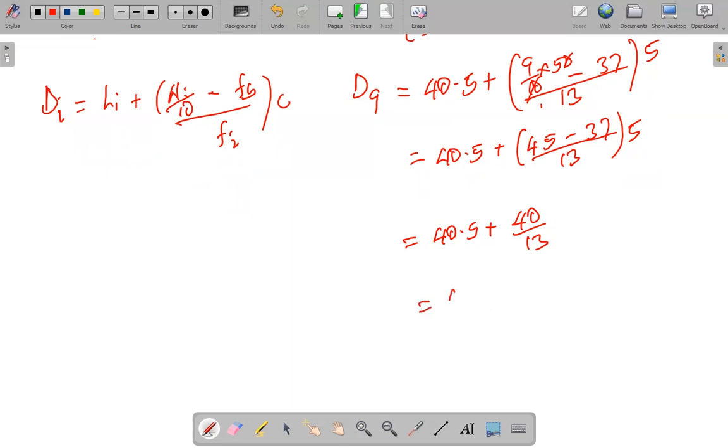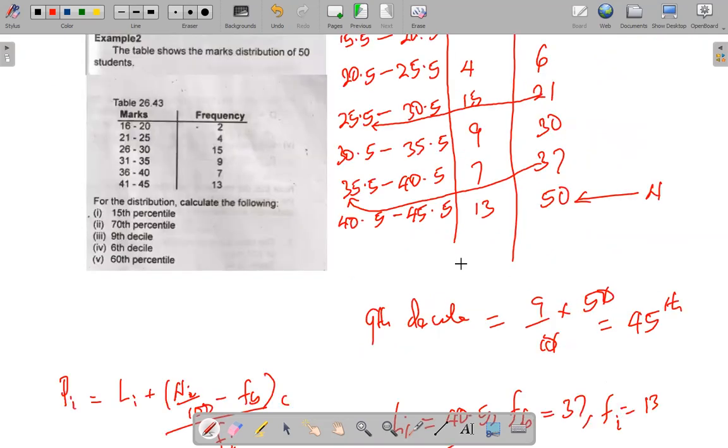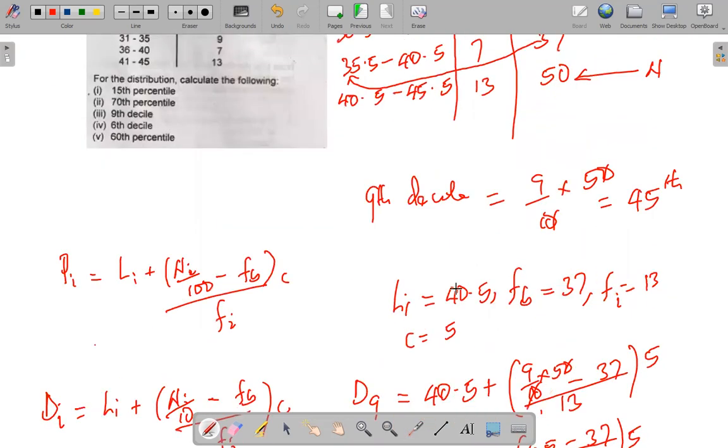So we have 40.5 plus 3.08, which is 43.58. So that's the ninth decile. Therefore, D9 is 43.58.